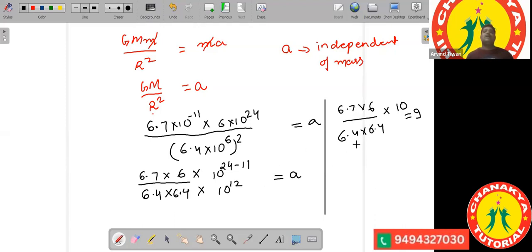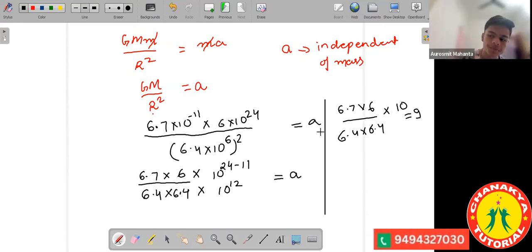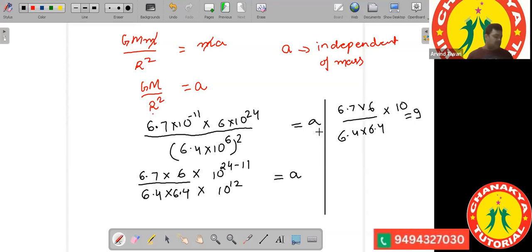If you multiply and divide, you will see you are getting somewhere 9.7 something. Are you getting that? Yes, sir. Okay. So this value comes out to be 9.7 something. We take it to be approximately equal to 9.8.